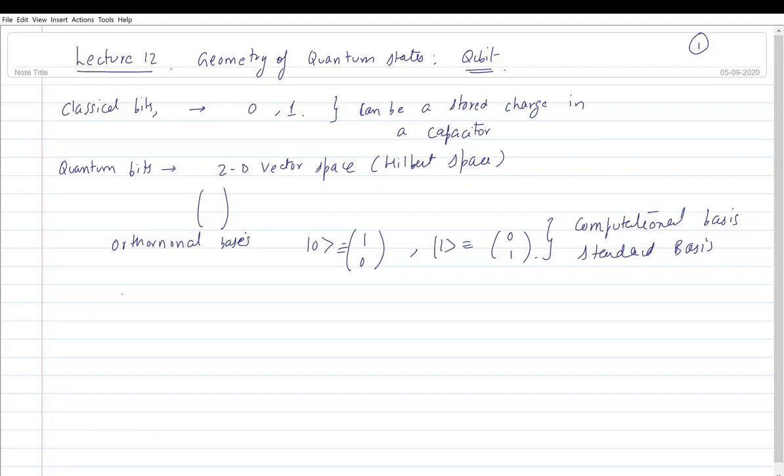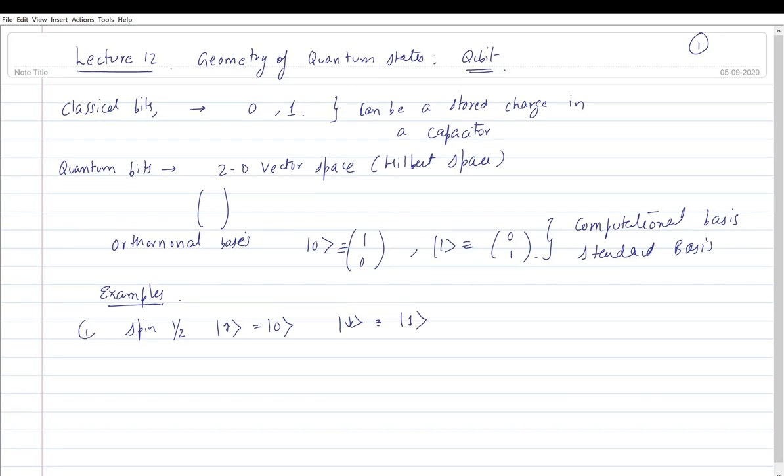So what are the examples of this? Spin half, where the up spin is the 0 and the down spin is 1.